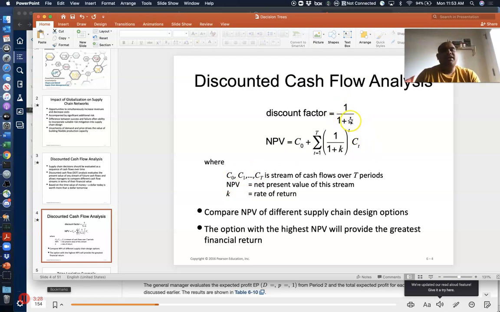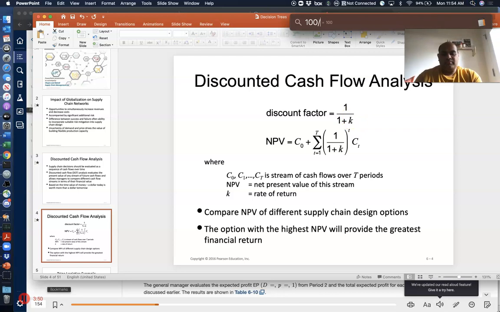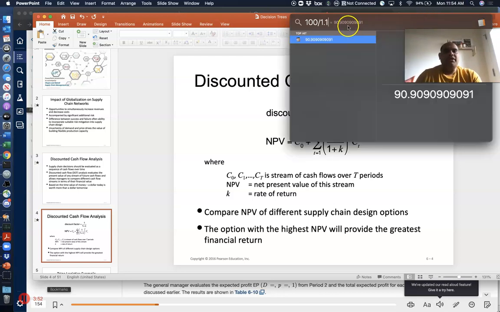Let's say that K is typically, say, 10%. So if you have $100 right now, it's worth $100. If you're going to get $100 1 year in the future, it is worth 100 times 1 divided by 1 plus 10%. So it will be 100 divided by 1.1, which will be $90.91 approximately.